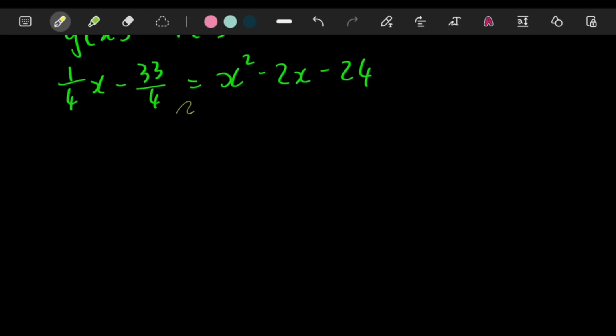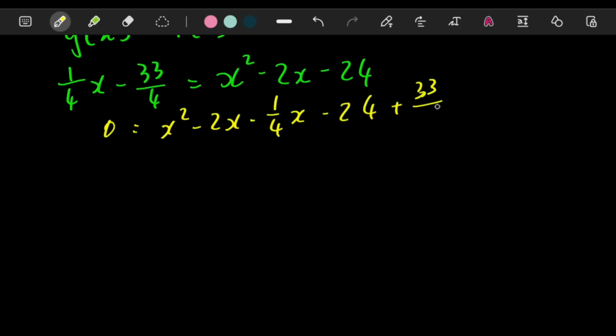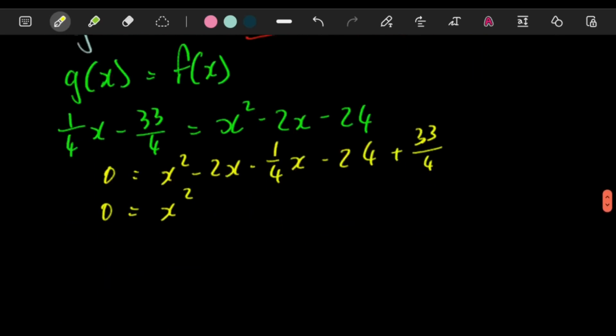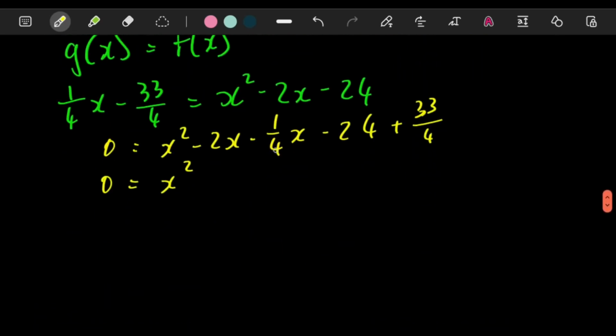Solving for x, you can put everything on one side. You're going to have 0 is equal to x squared minus 2x minus a quarter x, and then negative 24 plus 33 over 4. So you're solving for x to see whether these two graphs meet each other. You're going to have two coordinates, K and R. So this minus that, what do you get?